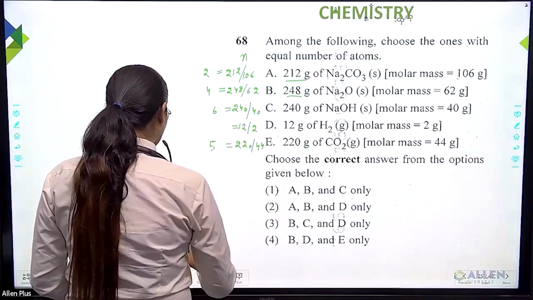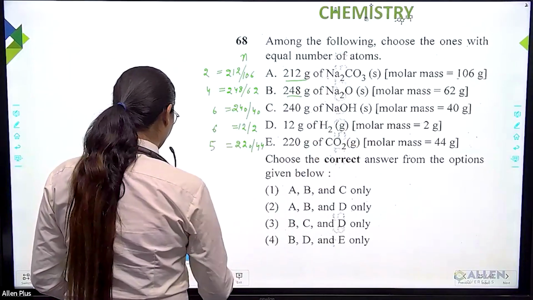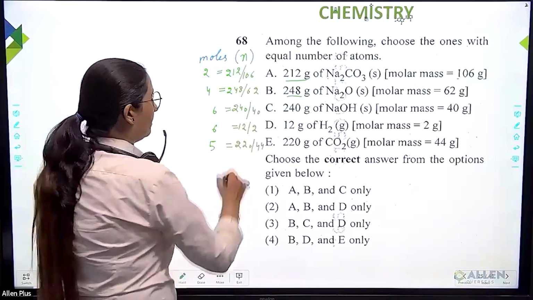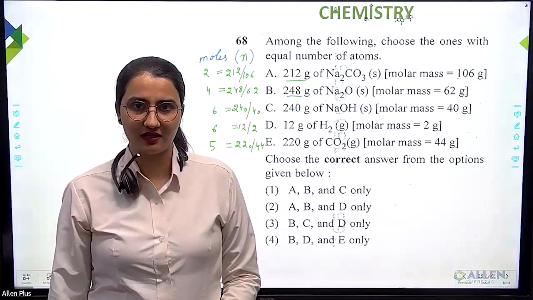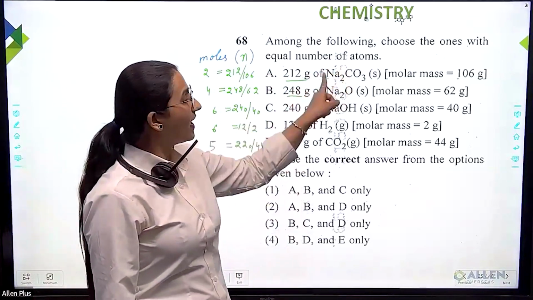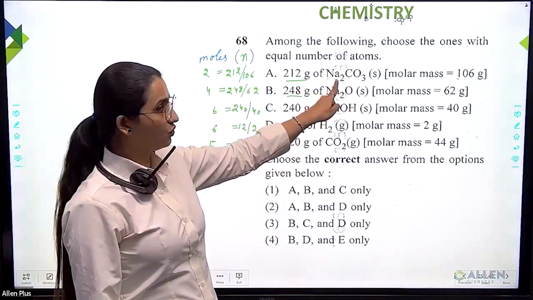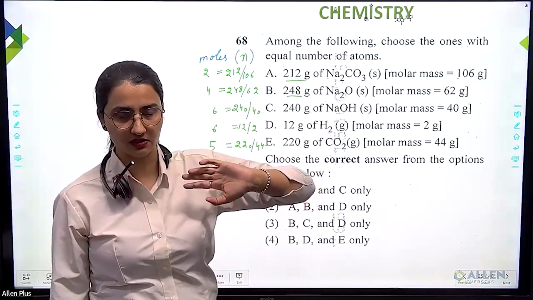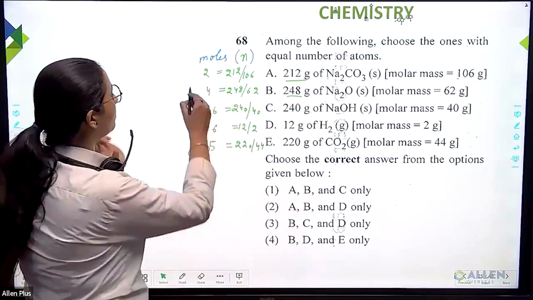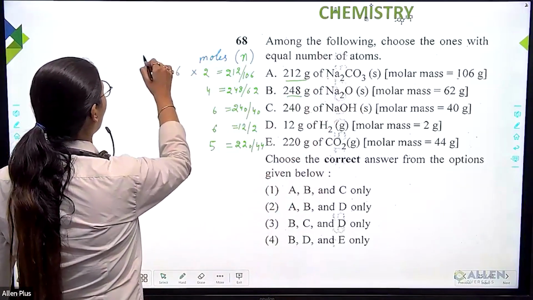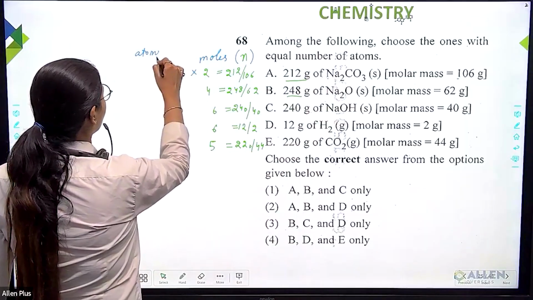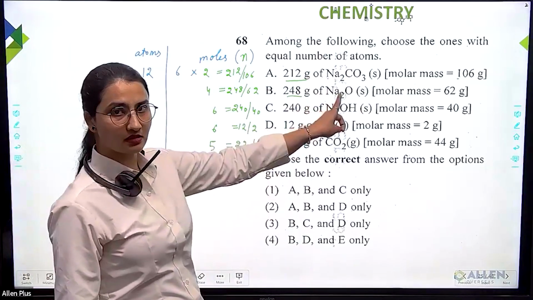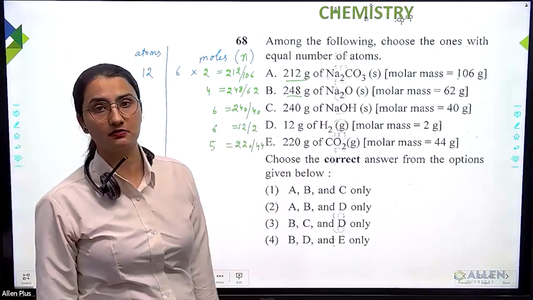So I got the moles. But the question is about atoms. So see now, one molecule of this has 2 Na plus 1, 2 plus 1, 3, 3 plus 3, 6 atoms. So 2 moles will have what? How many atoms? 6 twos are 12 atoms. Check next. One molecule has 3 atoms.